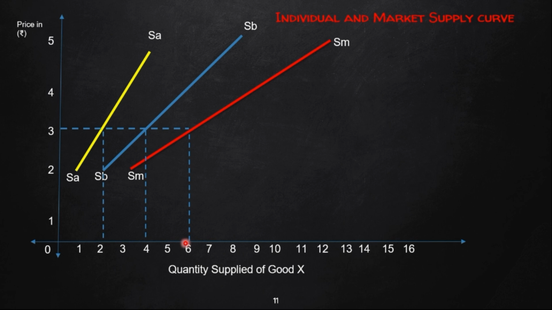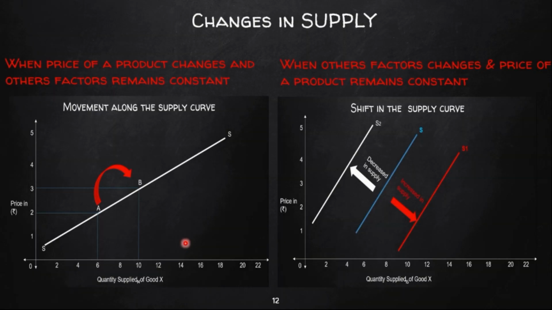Well, after understanding the supply curve, we need to understand two important concepts which are associated with changes in supply. One is movement along the supply curve and the second is shift in the supply curve. Prior to that, we need to understand why there is a change in supply.